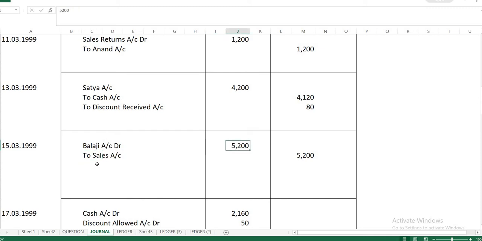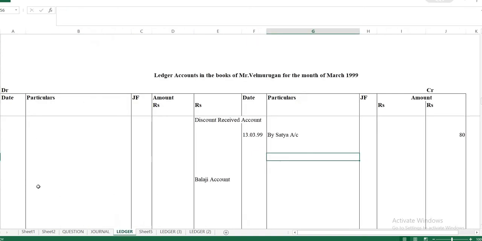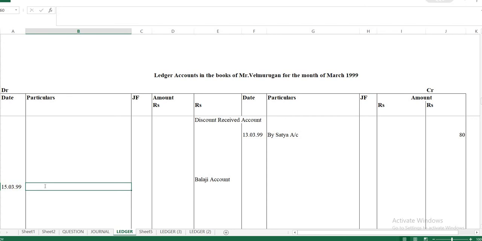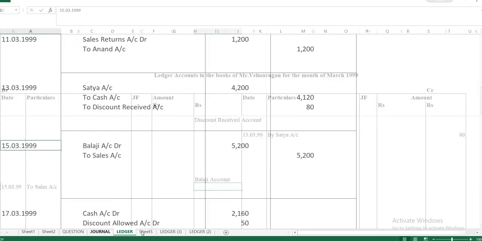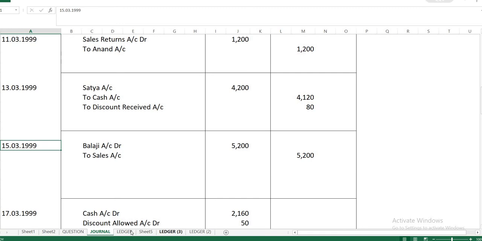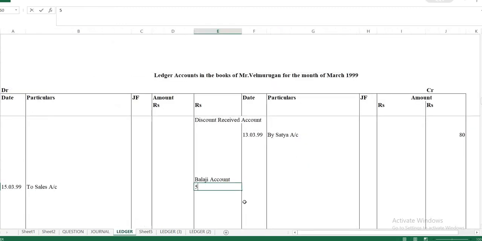So the amount is 5200. The date is March 15. So for Balaji account, you mention 15th March 99, and in Balaji account to sales account, you mention the amount of 5200, that amount you just give out.